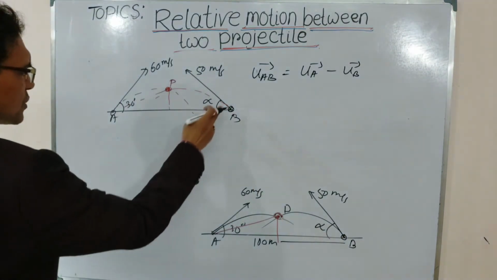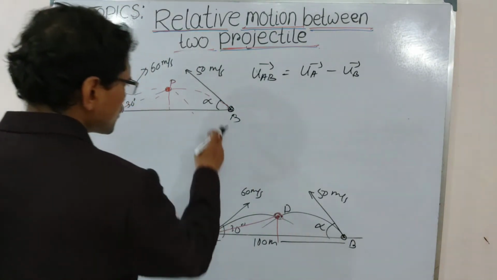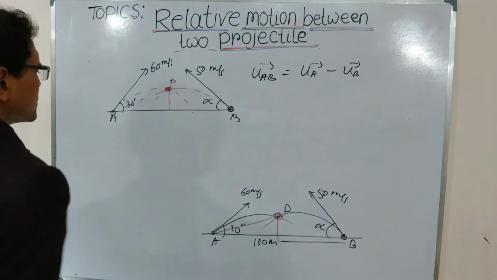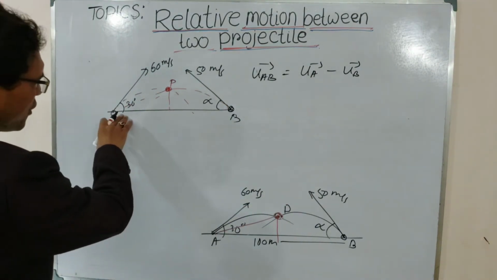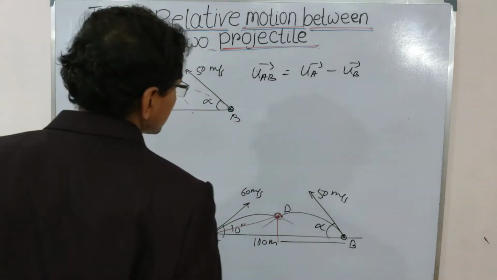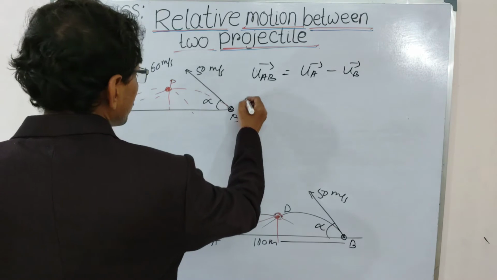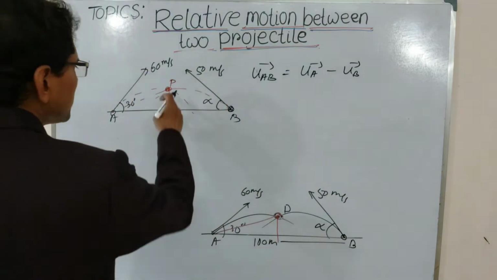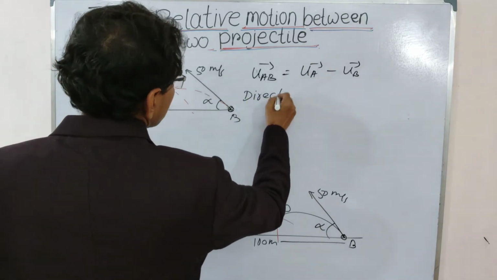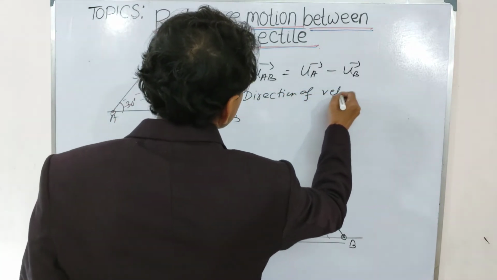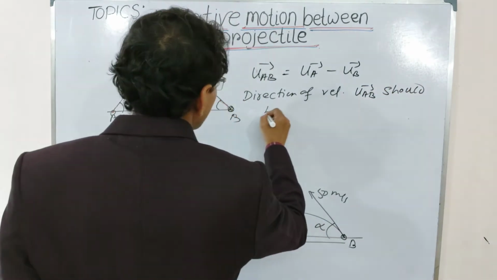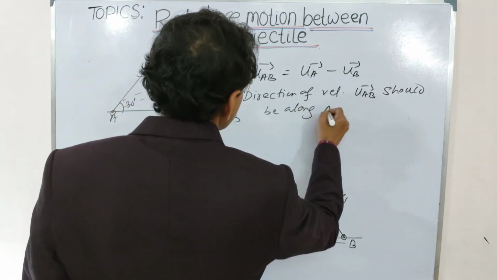Now if we put the velocity of B as 0, then UAB is the velocity of A, which moves towards B. And another condition is that to collide the two particles in mid-air, the direction of velocity UAB should be along AB.